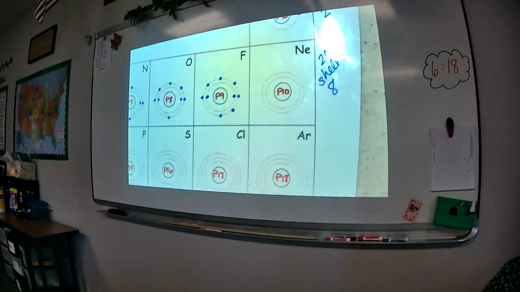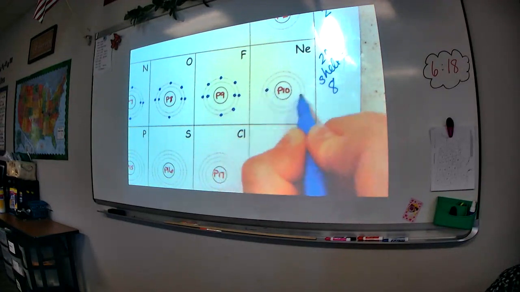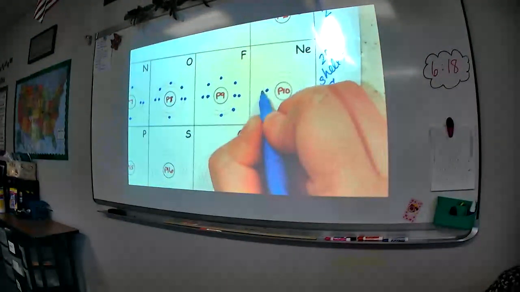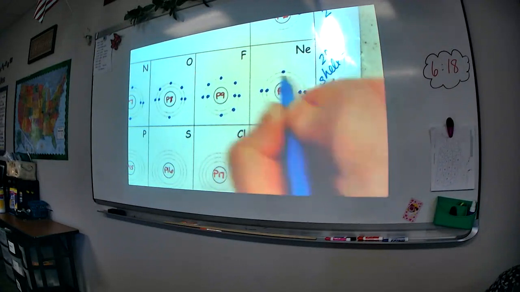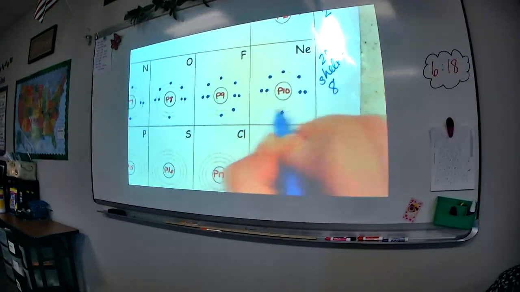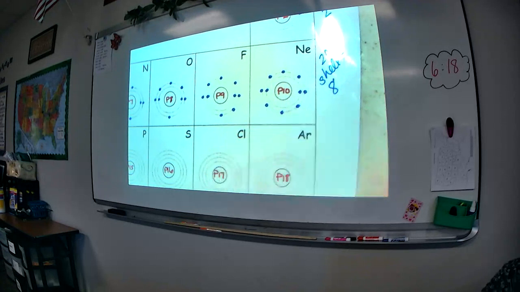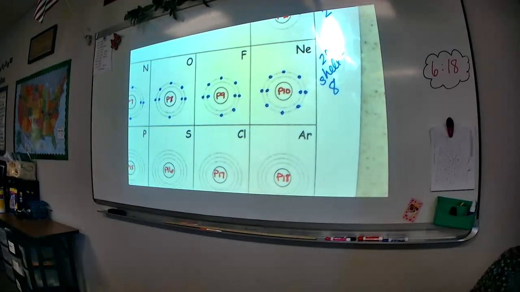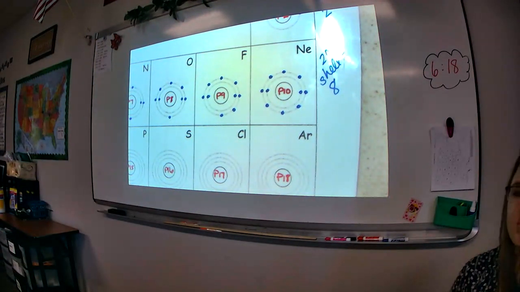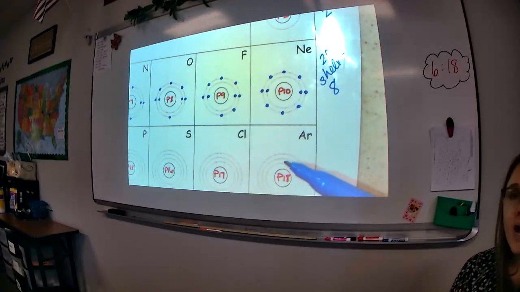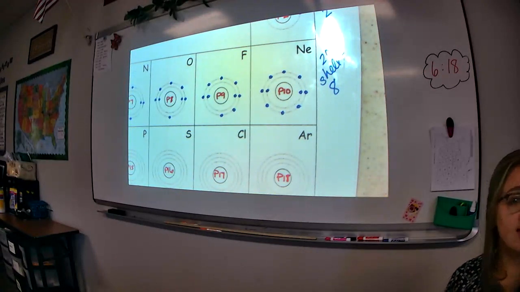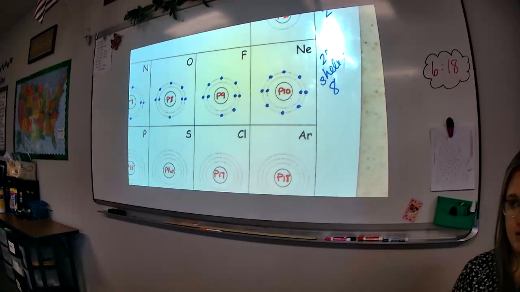Now for neon, I need 10. 2 in the first, 1, 2, and then 3, 4, 5, 6, 7, 8, 9, 10. Now I have 8 electrons in the second shell, correct? So it's full. What happens when I get to sodium that needs 11 electrons instead of 10?